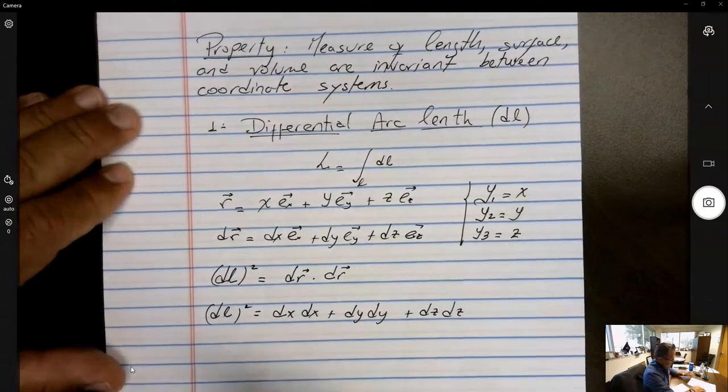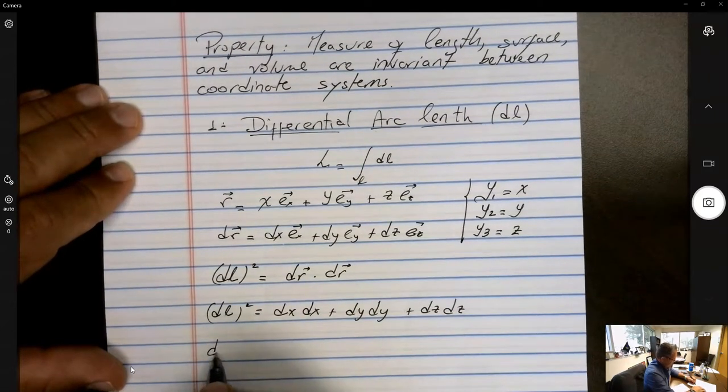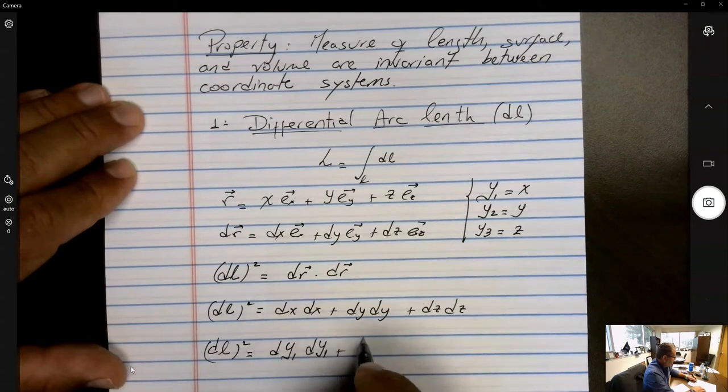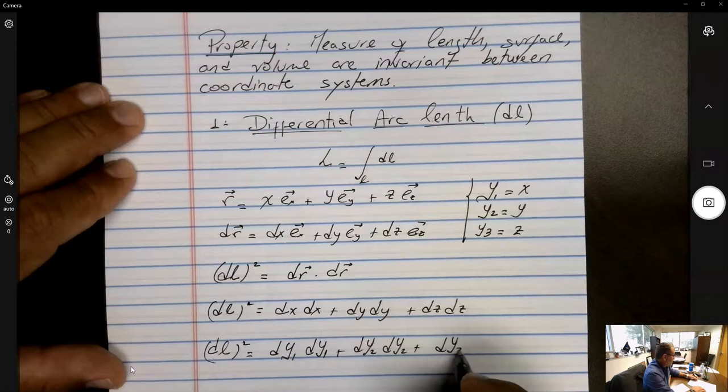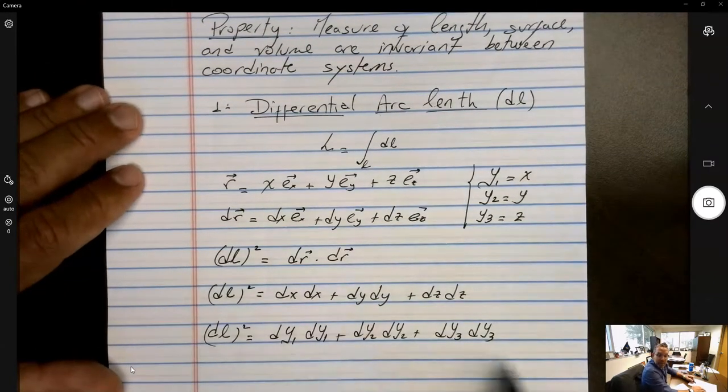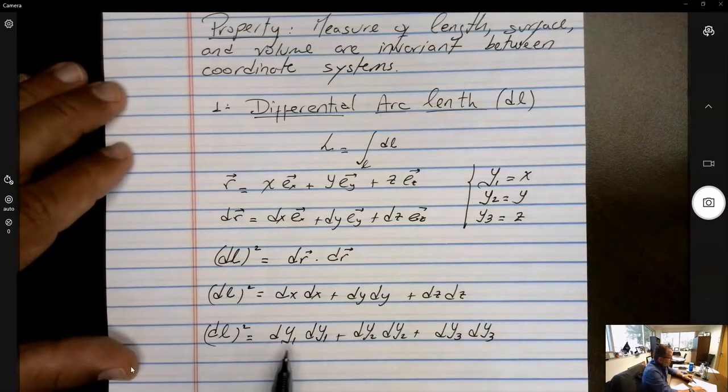And now expressing this in the new system, this will be dy1 dy1 plus dy2 dy2 plus dy3 dy3. And then if you recognize this is a summation of a product, you can express this as a summation from i equal 1 to 3 of dyi dyi.